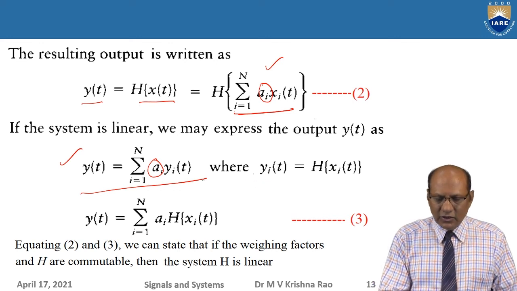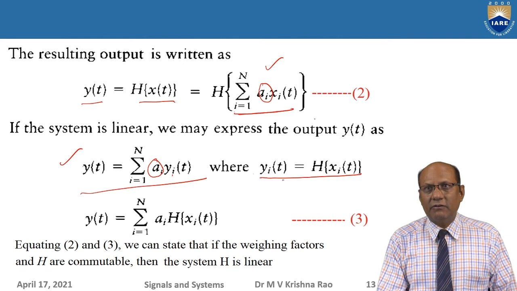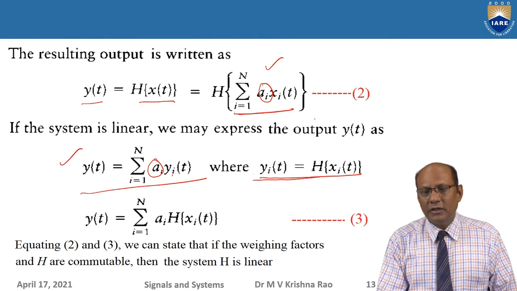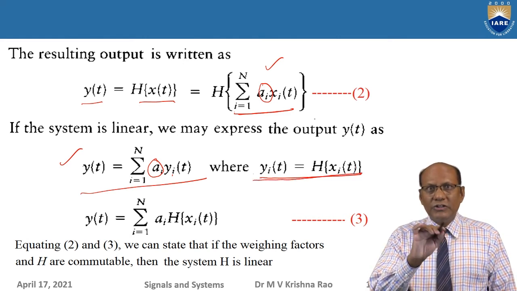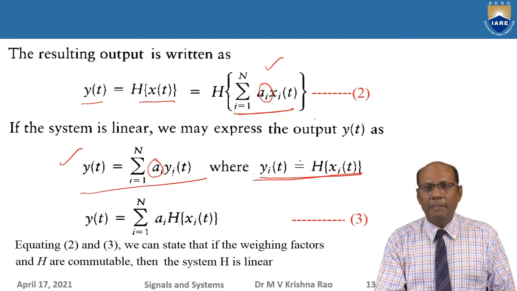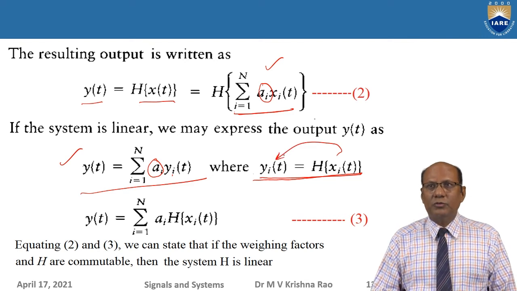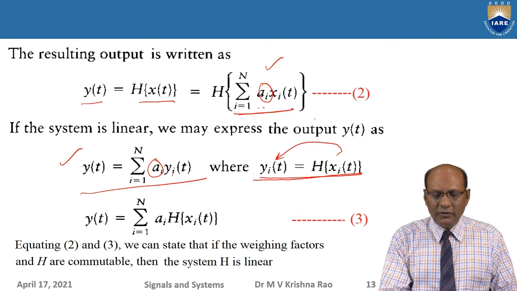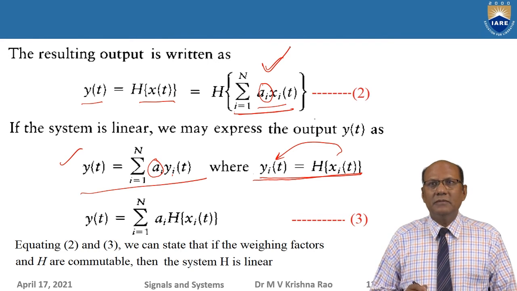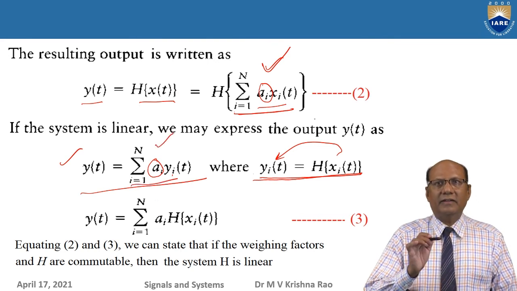And what is this? What is y1? y1, y2, y3. y1 means h of x1, y2 means h of x2. So individual inputs are operated on by the system to give individual outputs. If the individual inputs are weighted by some factors, the output is also weighted by the same factors.